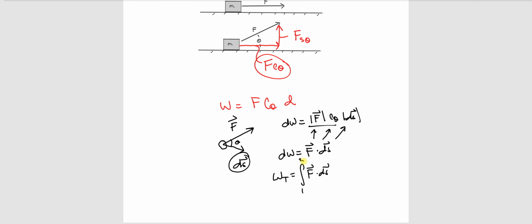Now, some things that are really important about work, again, I'll define what it is and why it's important in another video, but right now, I want to talk about signs, like plus and minus signs. So if I take an object and I look at three forces on it, let me say F1, F2, F3, oh, and let me add another one here and say F4 here, okay?